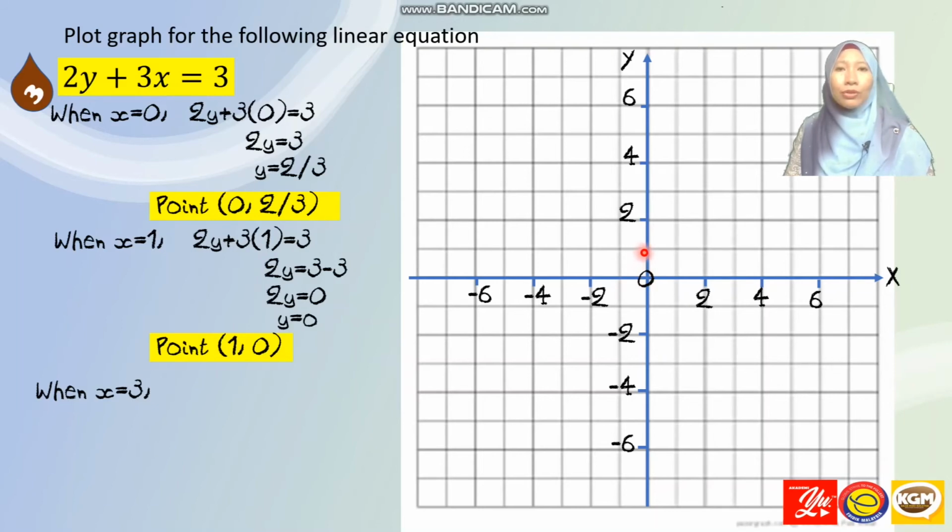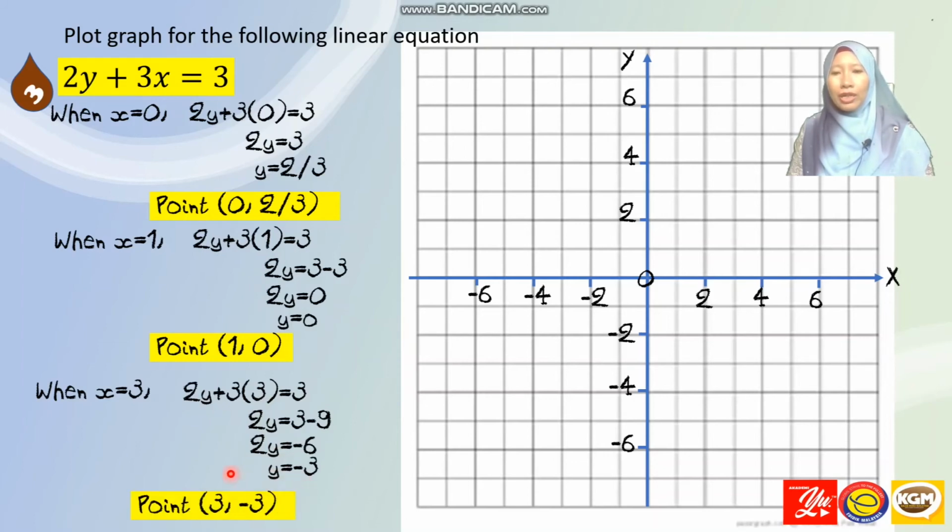Unless you use graph paper, then it's possible to get the precise value of 2 over 3. So here we're going to get another point. I choose x equals 3, and when I substitute into the equation, I get y equals negative 3. So these are whole numbers, and it's easier to plot on the grid paper.